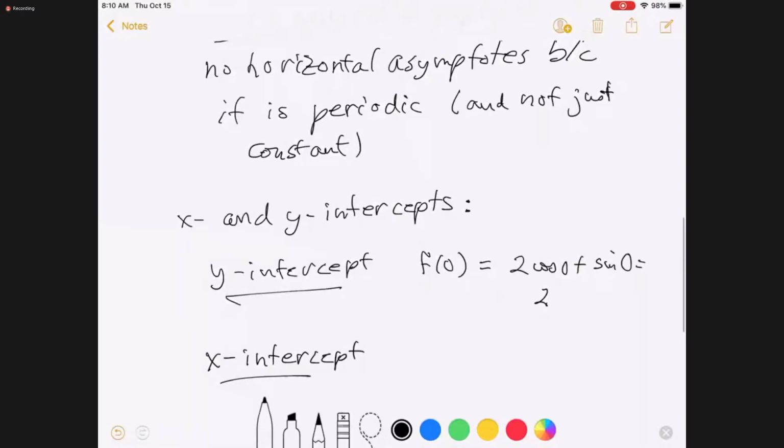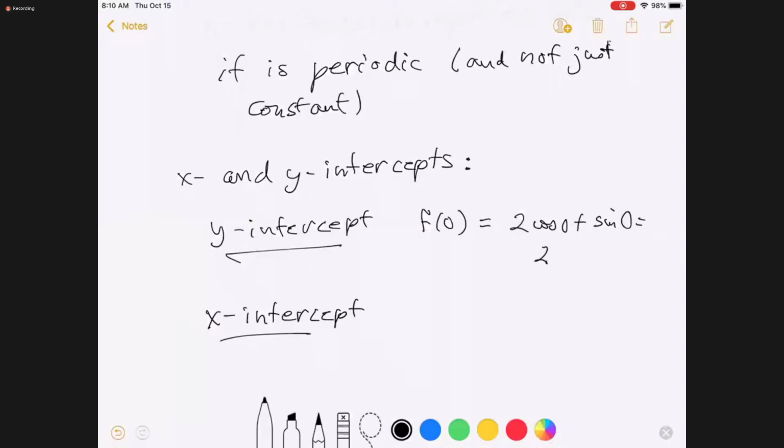Sometimes x-intercepts are really hard to find. In this case, they're not. But if they're really a pain, I usually either hold that until the last or don't even bother with it, because if you get all your other information, it's usually adequate to give you a good idea of what the function is doing and what the graph looks like.